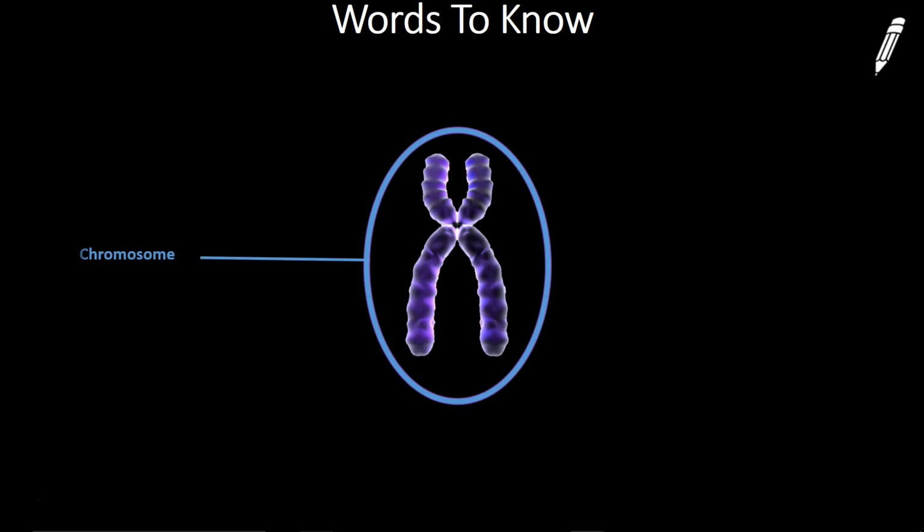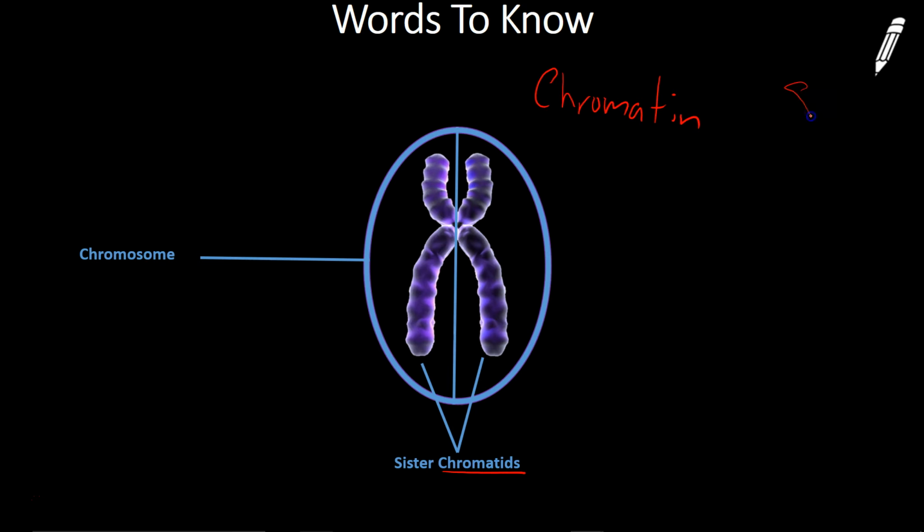so that whole thing, that's my chromosome. If I want to refer to the left or right half, I use the word sister chromatids, okay? So we had chromatin. Chromatin was the loose spaghetti state, okay? Just loosely coiled.